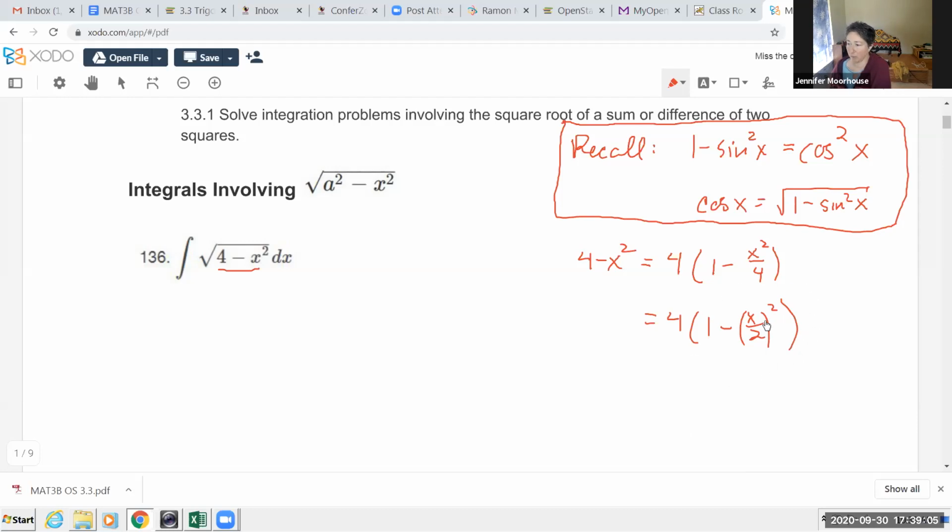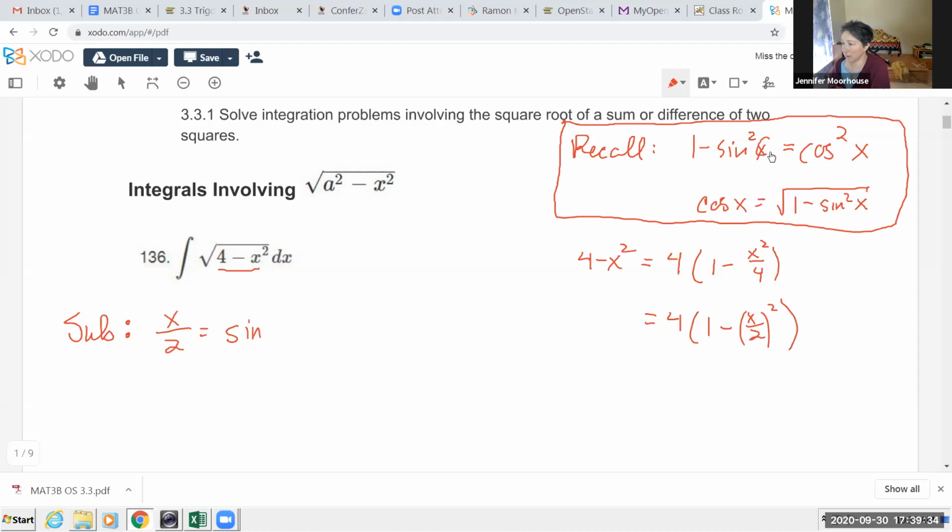Now that x over 2, I want to think of that as a sine. So I'm going to make the substitution x over 2 equals sine, and I don't want to use x's. Maybe I shouldn't have put x's in up here.